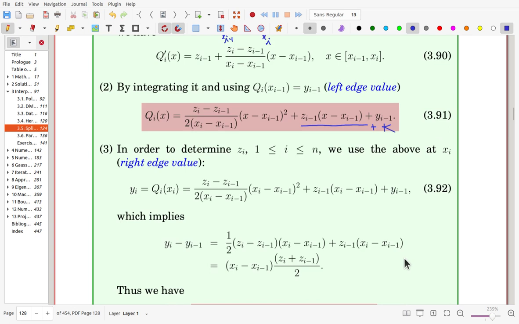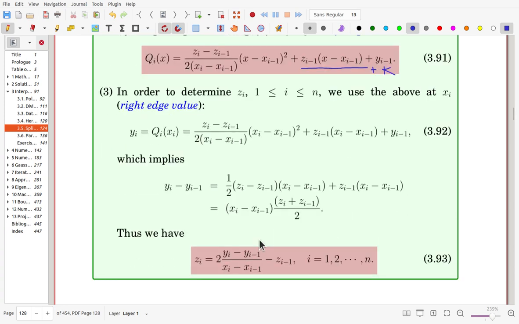We move this into the left-hand side and reorganize in this way, so that finally, yi minus yi minus 1 equals this one, the average value of the z values in the subinterval.